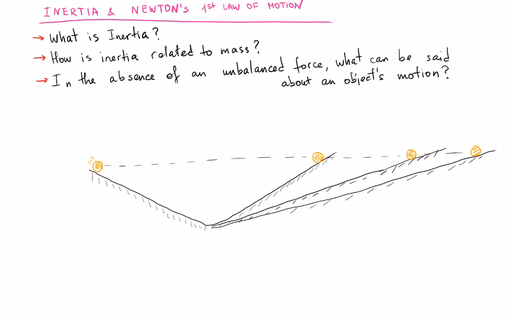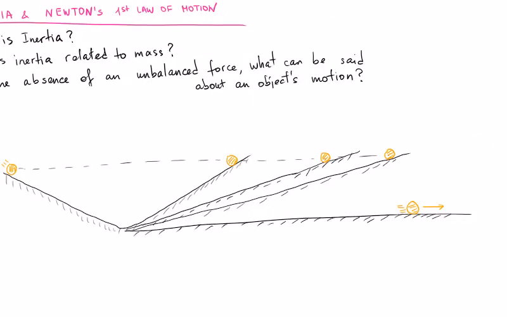So when he allowed it to roll onto a horizontal surface, the ball traveled a considerable distance and went even further when the surface was made smoother. Galileo wondered how far the ball would travel if the horizontal surface could be made perfectly smooth, frictionless. Well, this situation is impossible to attain experimentally.